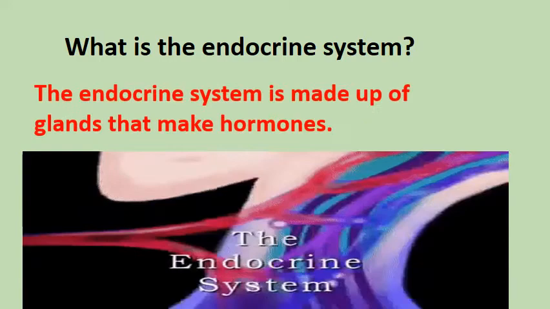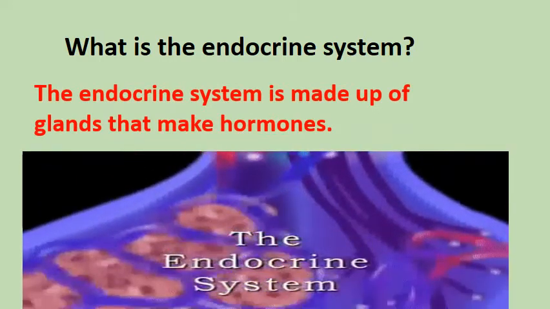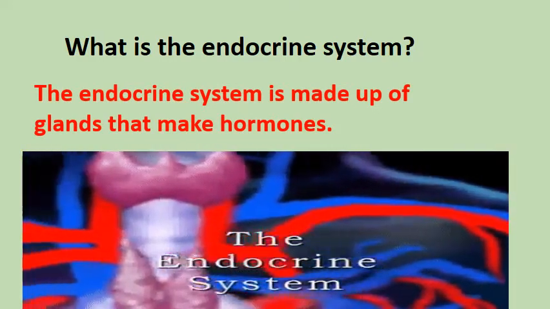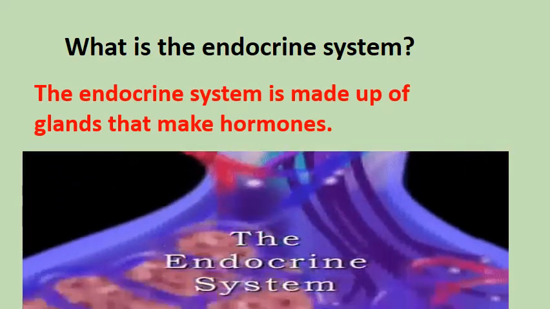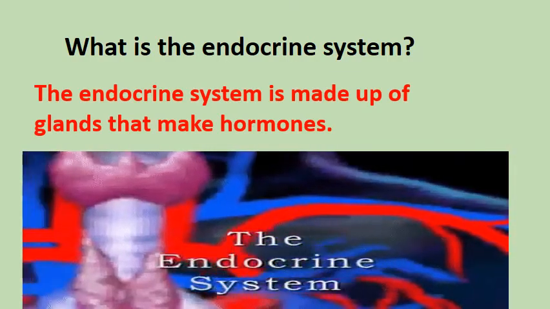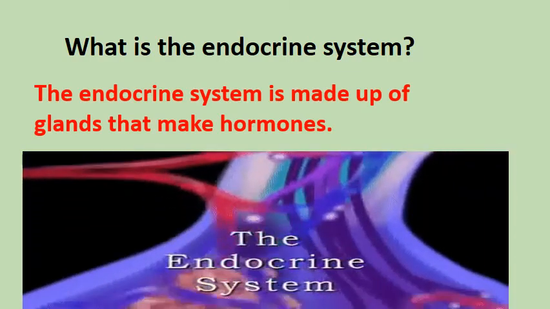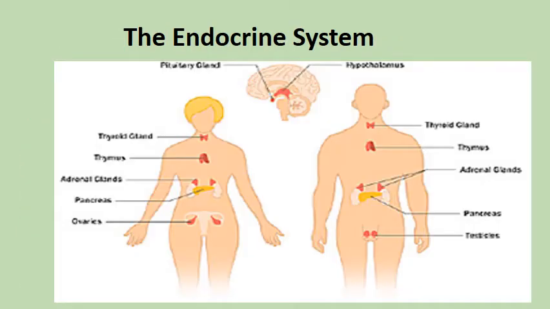So what is the endocrine system? The endocrine system is made up of glands that make hormones. What do you mean by glands? Glands that make hormones. These are the glands that we have in the endocrine system. We have in the brain the pituitary gland.